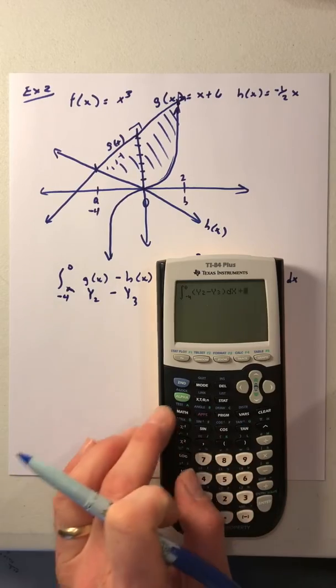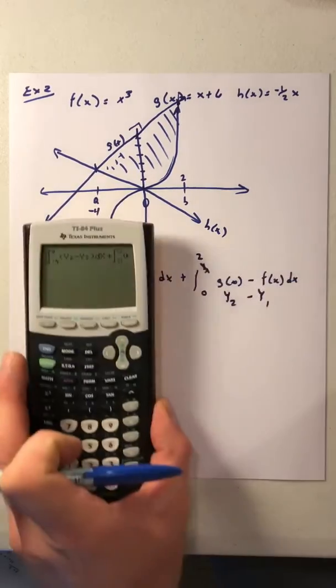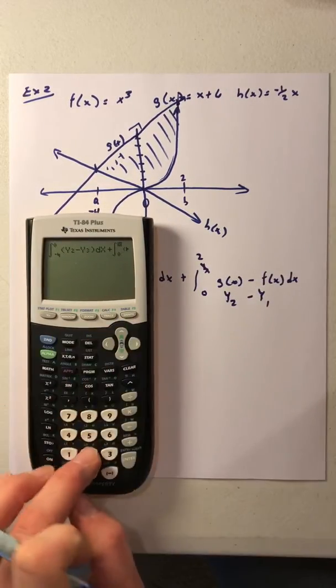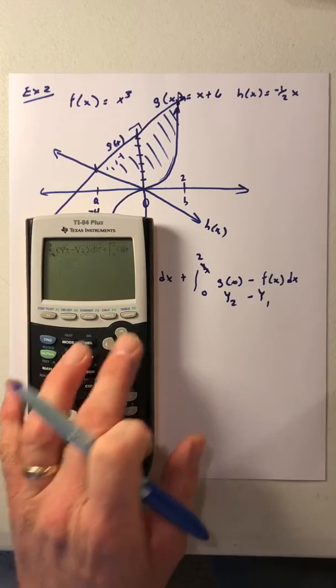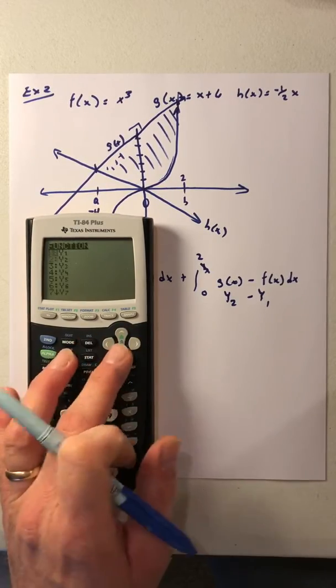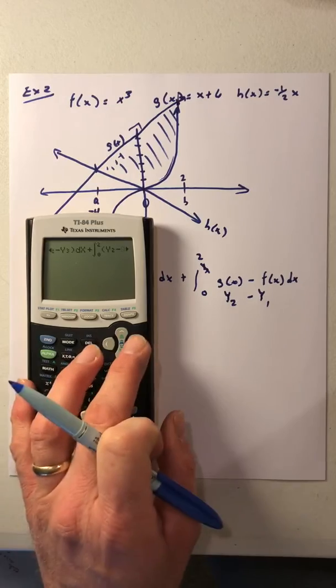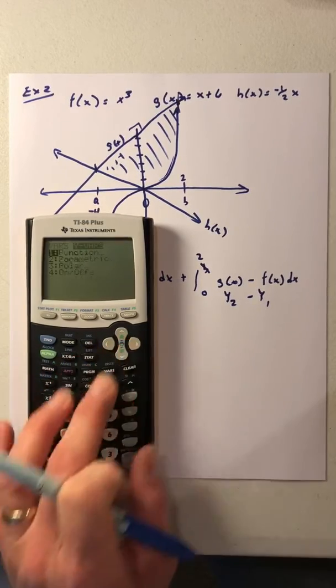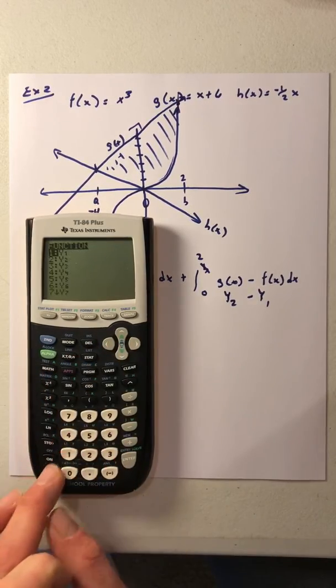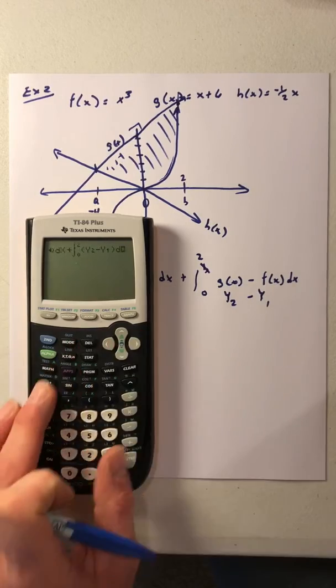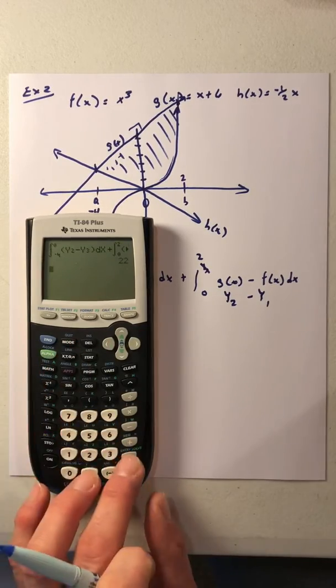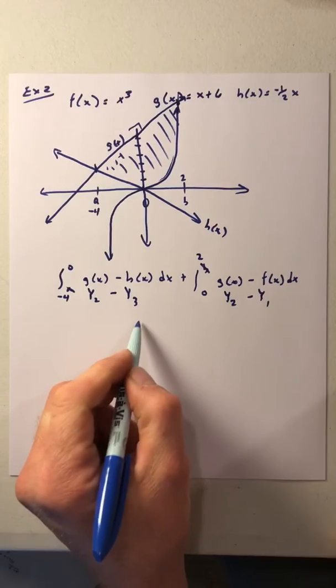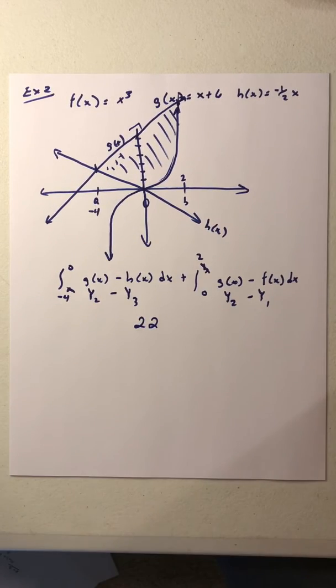And to that, I'm going to add another integration, math 9, from 0 to 2 of now y2 minus y1. Y vars, function, y1. Again, my variable of integration is x. Go ahead and hit enter, and I end up with the answer of 22.